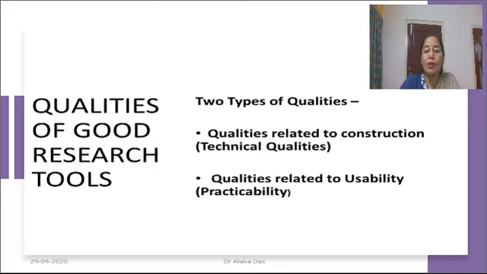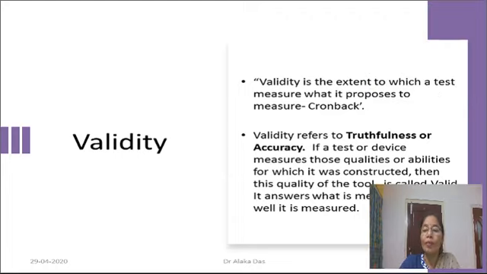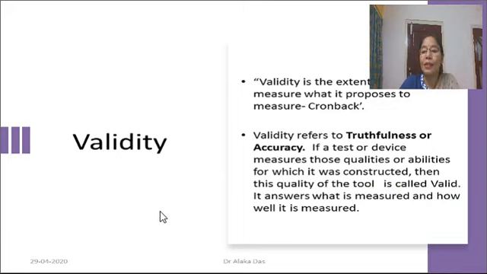Let us proceed to a few details about the qualities. First, the technical qualities. The most important quality of any research tool is validity. As the term says, validity is the extent to which a tool or device measures what it proposes to measure. This definition is given by Cronbach. The key term in validity is truthfulness, authenticity, or accuracy.